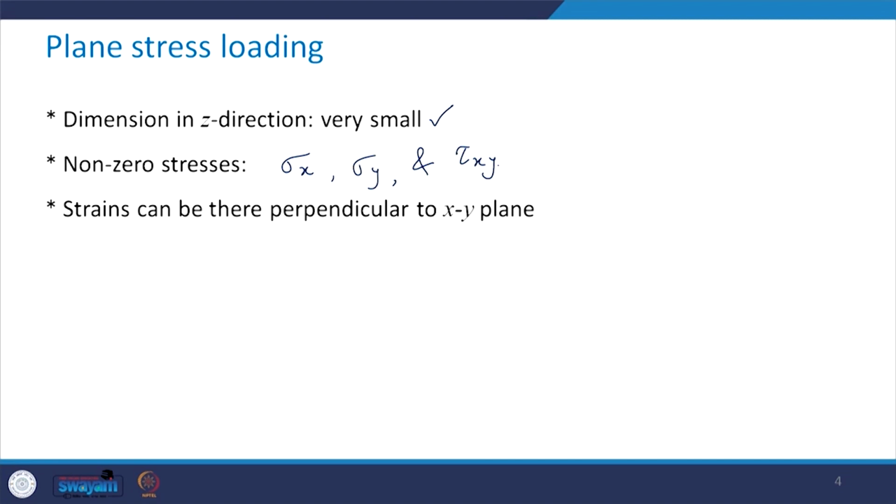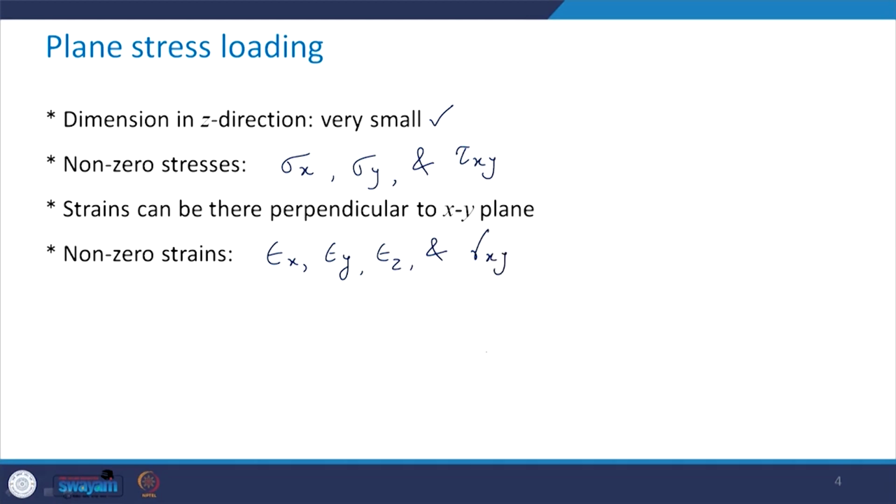Strains can be there perpendicular to xy plane. So what all are the non-zero strains in this case? That's going to be epsilon x, epsilon y, epsilon z and gamma xy.